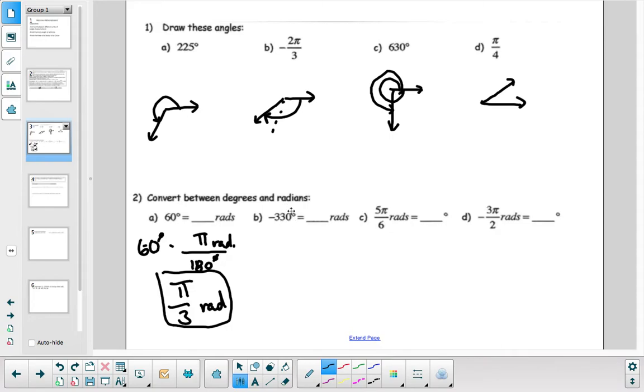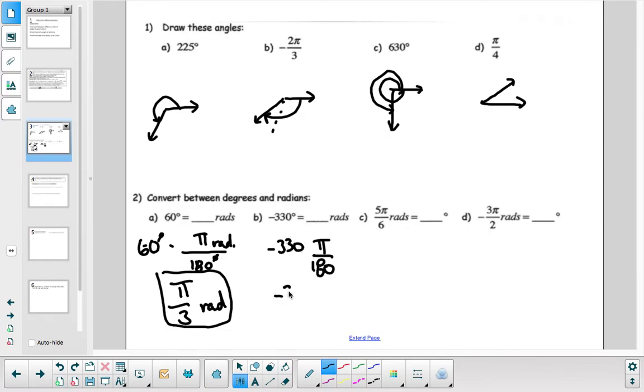Next, negative 330. Again, degrees to radians. You want to multiply by the same ratio, pi over 180. And you don't have to deal with those units every single time. I was just showing you why you're choosing this route. Again, simplify the fraction. So this is 330 over 180 times pi.